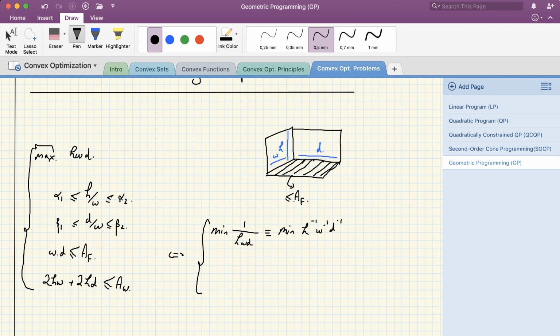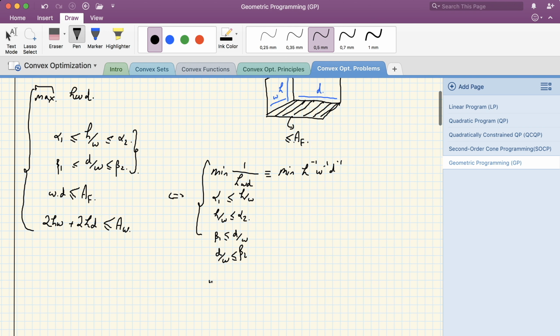Now we've got 4 inequality constraints, which could be written as alpha 1 less than H over W, H over W less than alpha 2, also beta 1 less than D over W, and D over W less than beta 2. Then we've got WD less than A_F, and 2HW plus 2HD less than A_W.